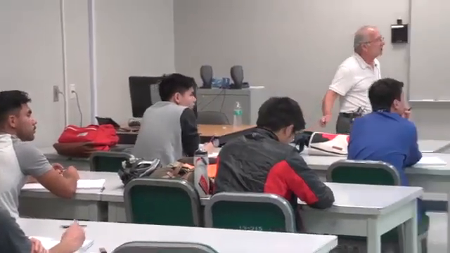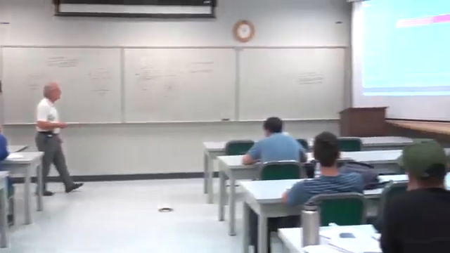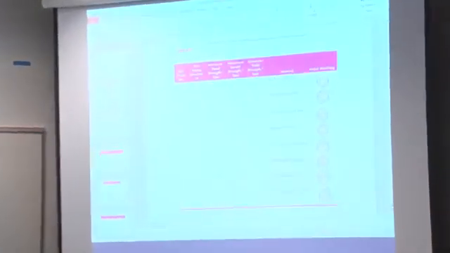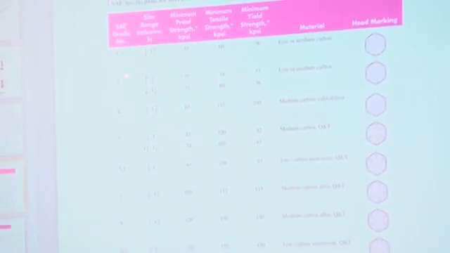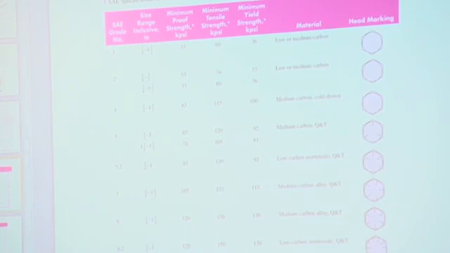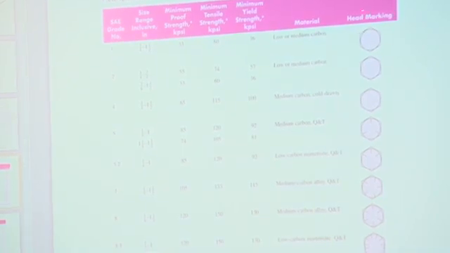The values for proof strength are shown in tables 8.9 and 8.10, depending on the SAE grade that you have for the English system, and also 8.10 for the metric system. You have the bolt size, what sizes come with what grades. They have some markings too.